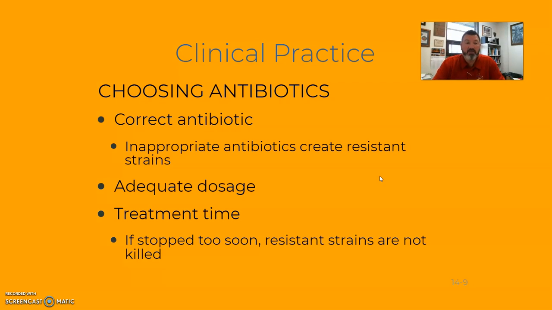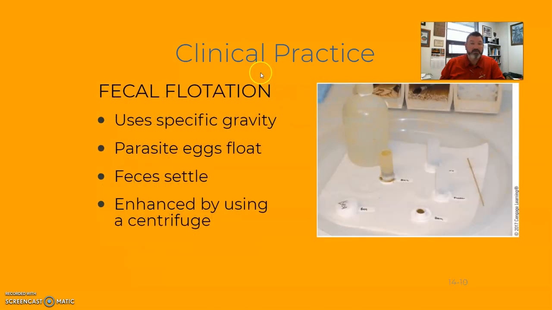So use the adequate dosage. Treat them on time correctly. If your veterinarian or your protocol suggests 5 days of antibiotic therapy, finish the 5 days of antibiotic therapy at the correct dosage. Hopefully, those resistant strains then don't develop, because those are very difficult to kill and eliminate once you have them.